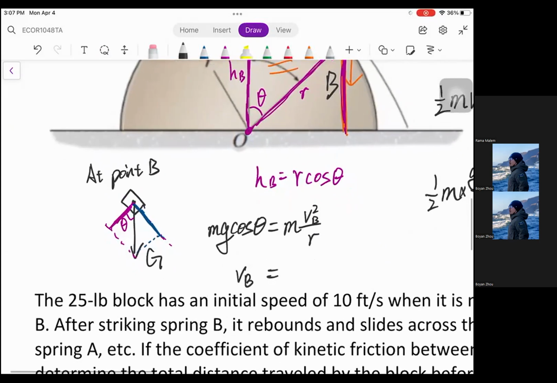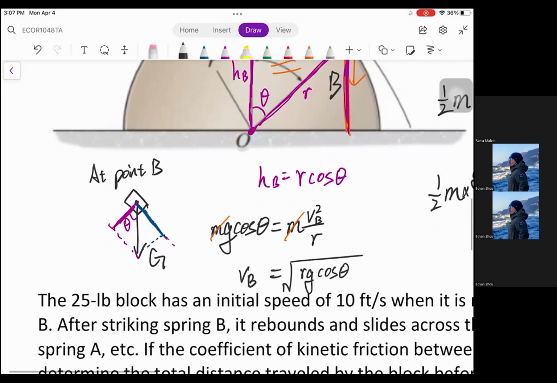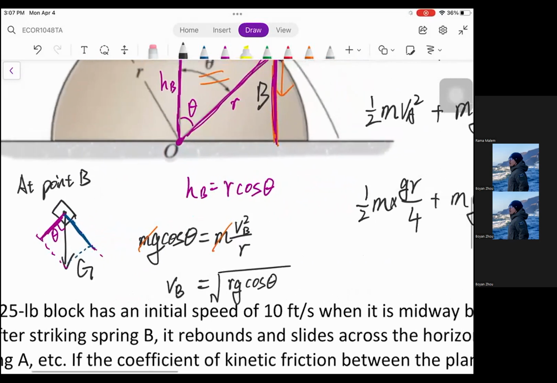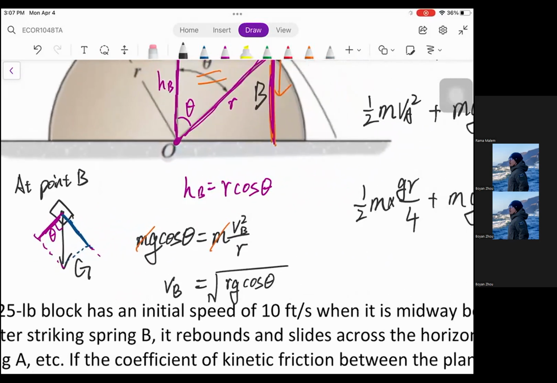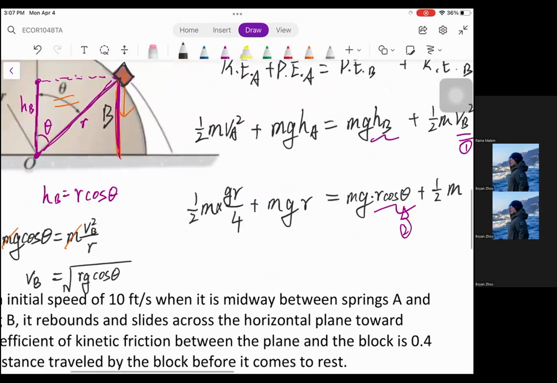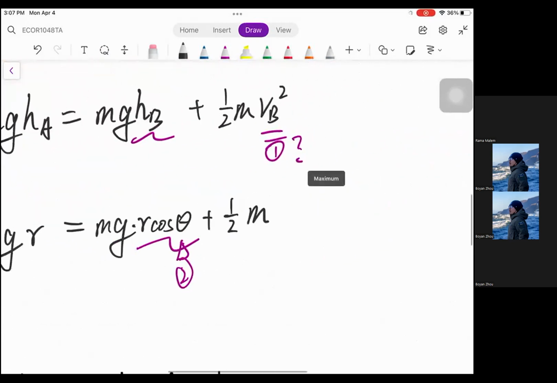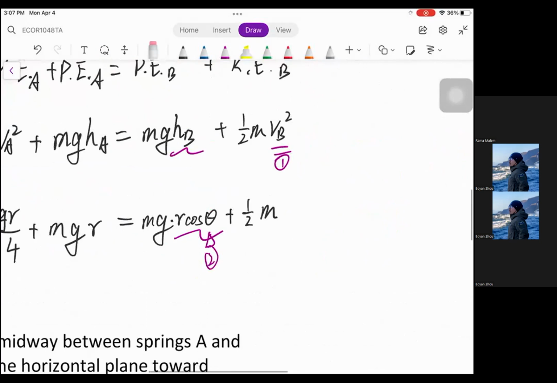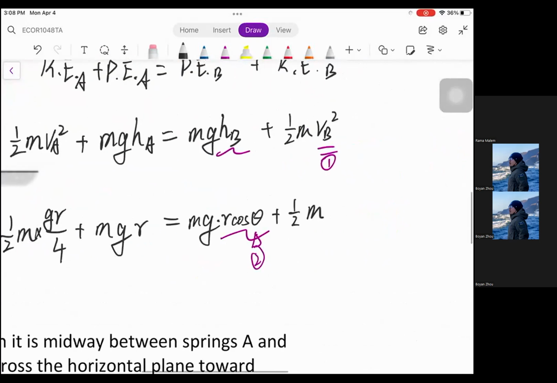So isolating for vp, vp is equal to, the mass is canceled out, the square root of rg cosine theta. So we have vp here. And then we're just gonna plug in vp into our original equation to set up the whole energy equation.